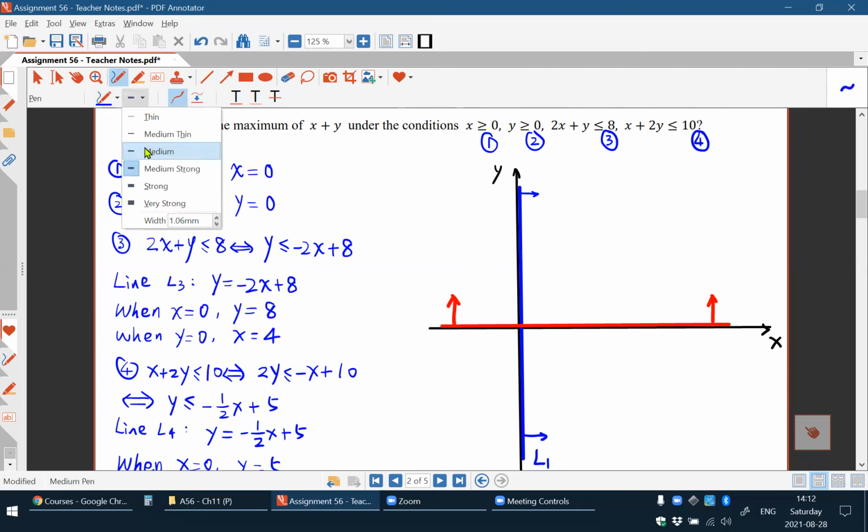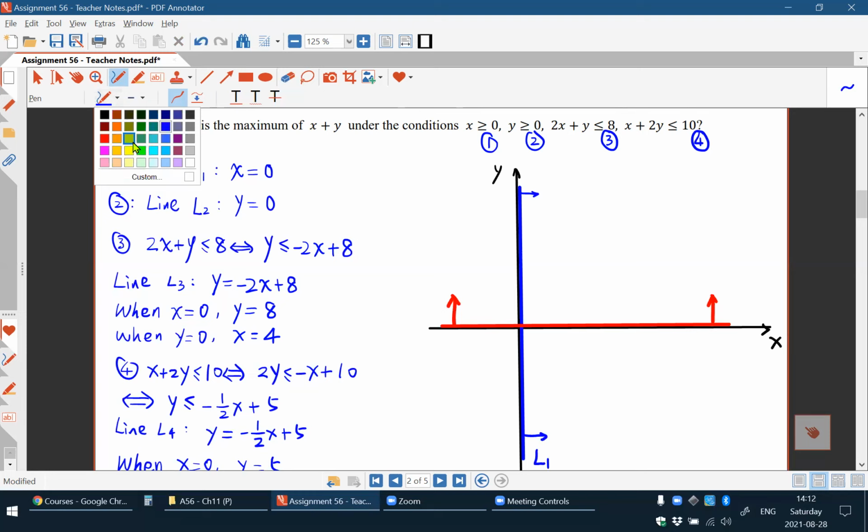And next, we have a line that crosses 2 points, (0, 8) and (4, 0). (0, 8), let's suppose this is 8. And (4, 0) is about here.